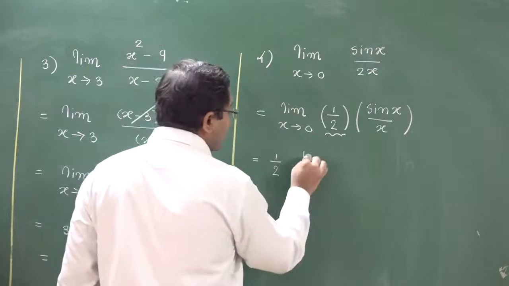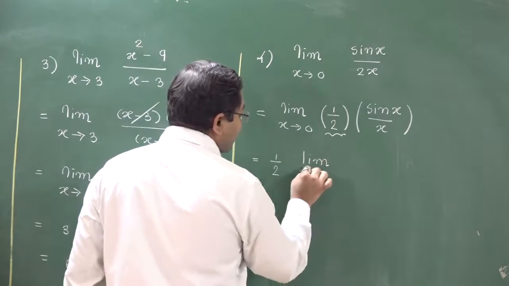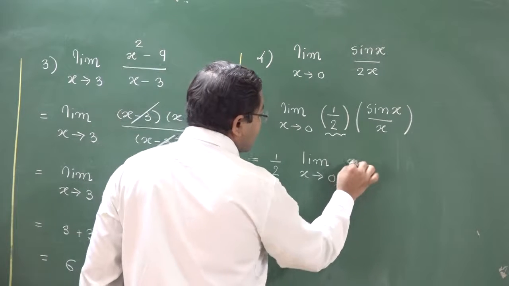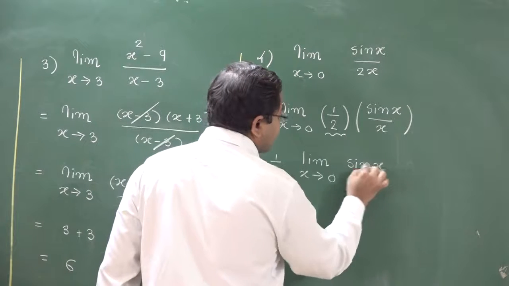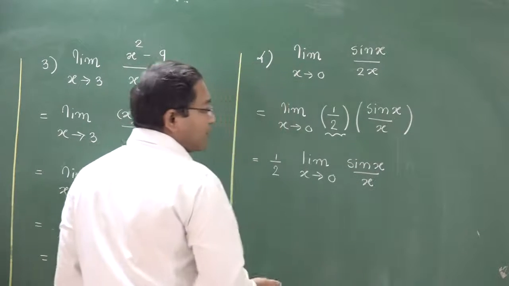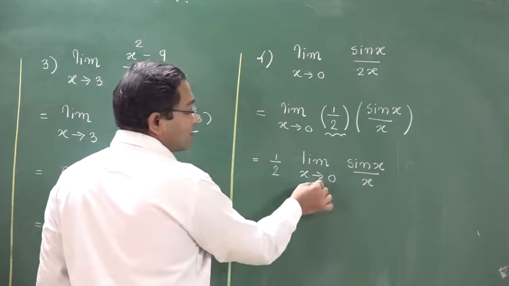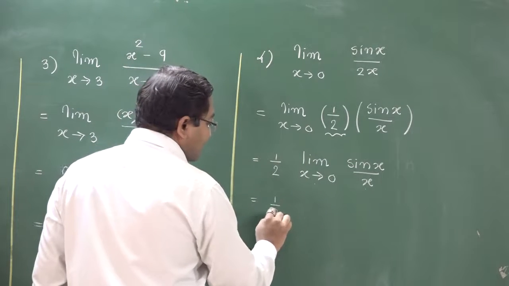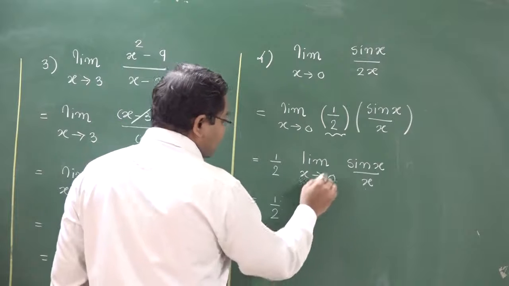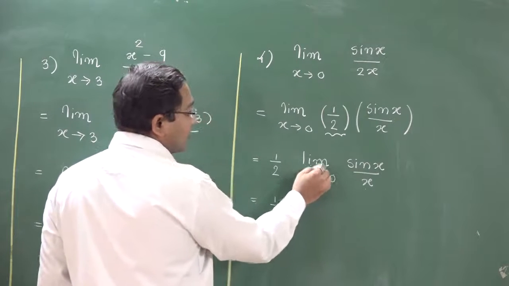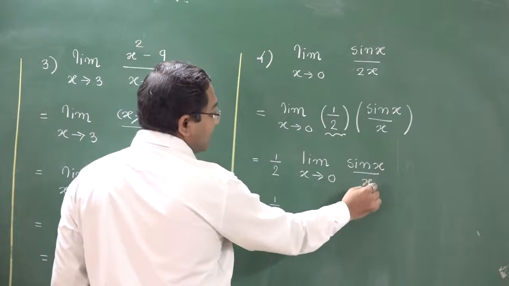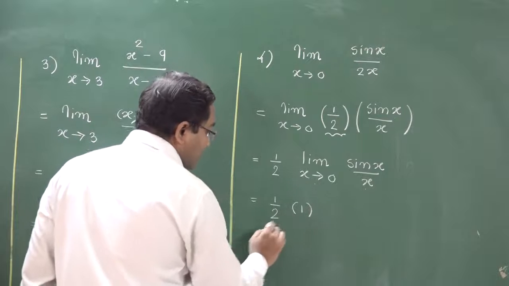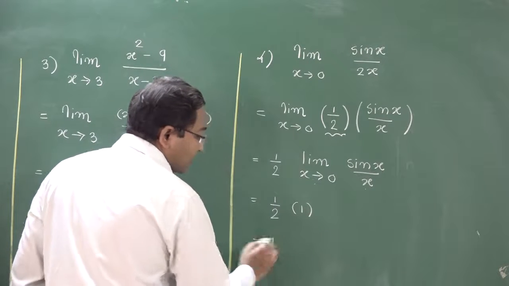So that is 1 by 2 limit x tends to 0 sin x upon x. Hence we know that the limit x tends to 0 sin x upon x is 1 according to the facts of limit. That is a standard formula of limit: limit x tends to 0 sin x upon x must be 1. So we get answer 1 by 2.